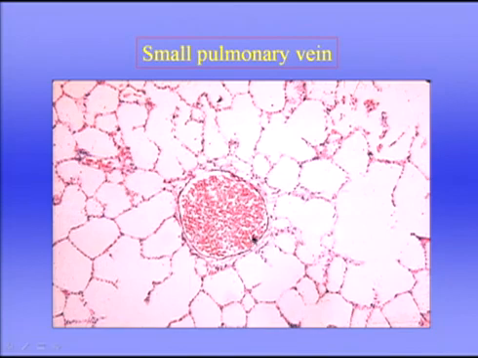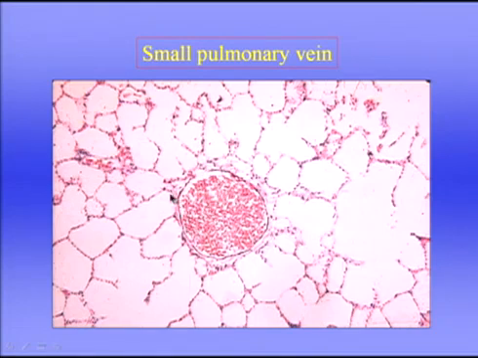And if somebody says, now what's the pressure around this small pulmonary blood vessel within the lung parenchyma, within the alveolar region of the lung, you may say, well, I think the pressure might be alveolar pressure, because look, the alveoli are closely applied to the outside of the vein.